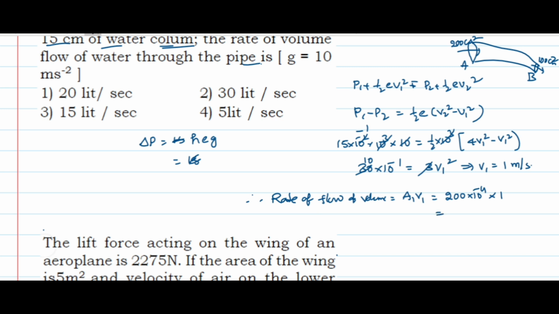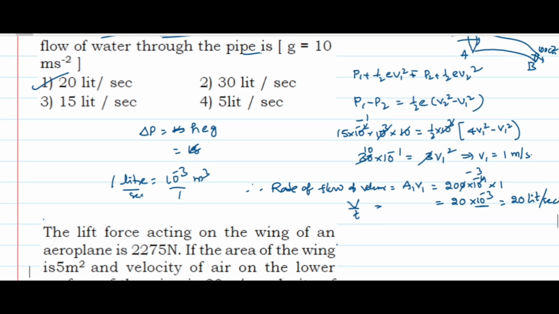So we get 20 into 10 power minus 3, and 10 power minus 3 meter cube is 1 liter. So rate of flow of volume, V by T, equals A1 V1, which is 20 liter per second. This is the correct answer.